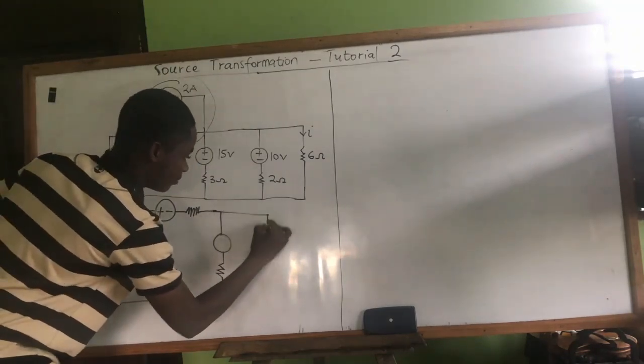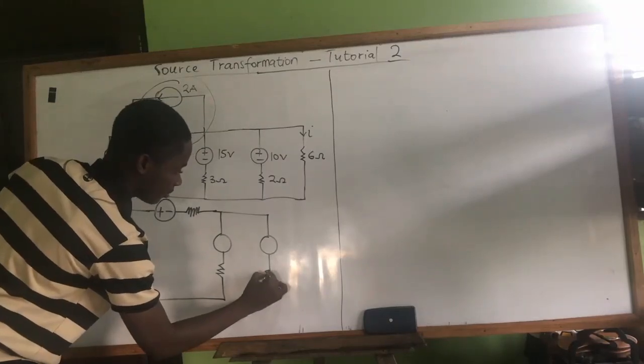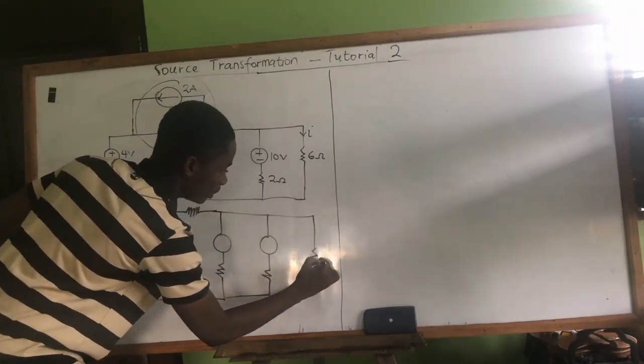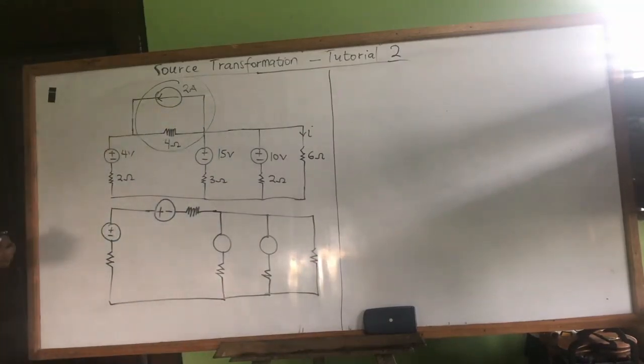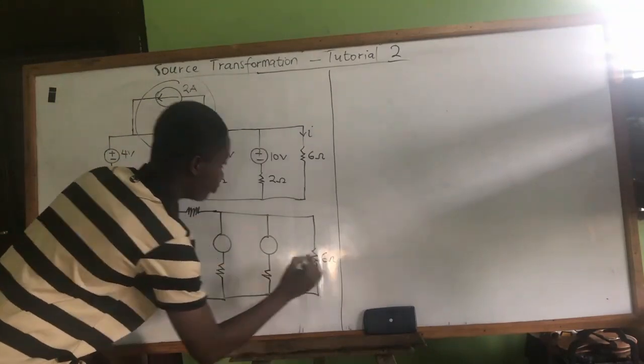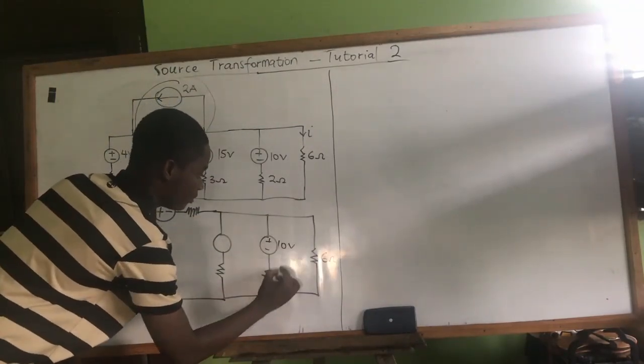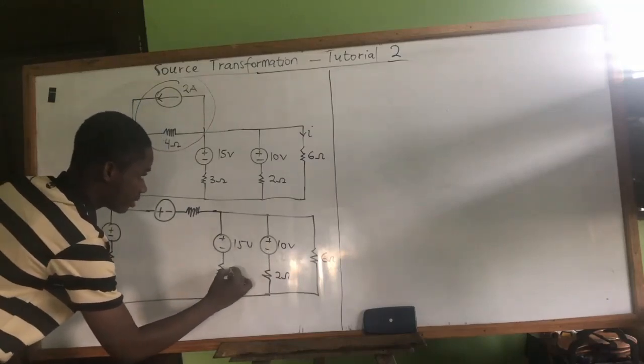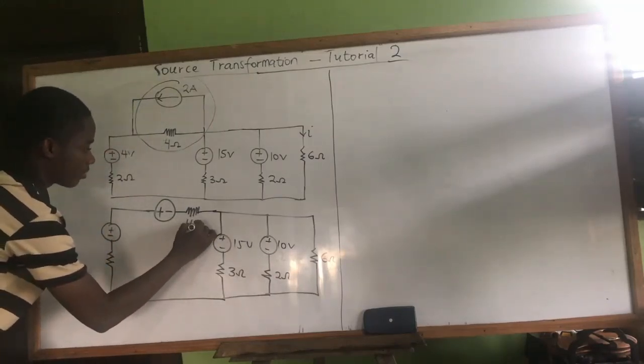We have this voltage in series with this resistor. And we have our load resistor, which is the 6 ohms. So we have 6 ohms, 10 volts, 2, 15 volts, 3 ohms, 4 ohms.